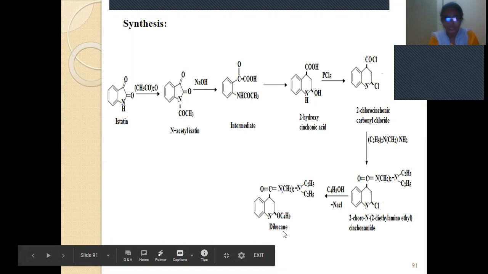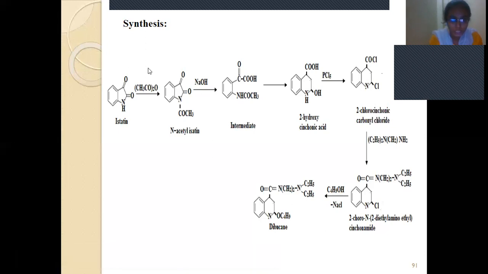I will explain it again. The starting material is isatin. When it undergoes the reaction with acetic anhydride, N-acetyl isatin is formed. When it undergoes the reaction with sodium hydroxide, the intermediate product is formed. This intermediate product, when it undergoes the reaction, forms 2-hydroxy cinchoninic acid, with the hydroxyl group in the second position.